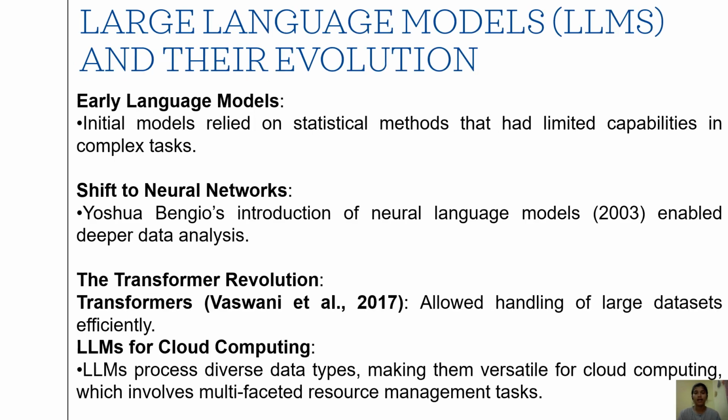Moving forward, large language models and their evolution. Initial models relied on statistical methods that had limited capabilities for complex tasks, so there was a shift to neural networks. Yoshua Bengio's introduction of the neural language model in 2003 enabled deep data analysis.